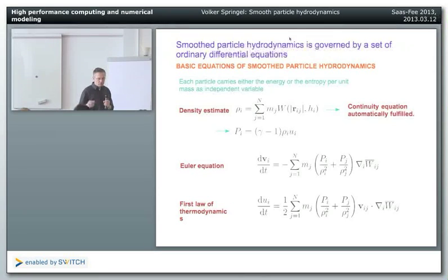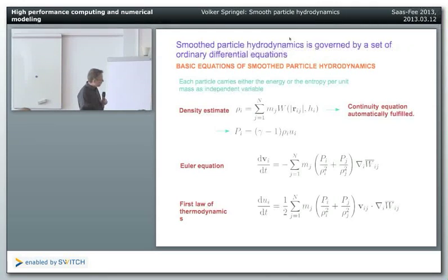That's very bad, because that would mean the particle pair could propel itself into infinity, right? If they exert a net force onto each other, they could violate momentum conservation really badly. So you want to have force antisymmetry. And this is normally achieved, in the light of adaptive smoothing, by symmetrizing either the pressure terms, the kernels, or the smoothing length.